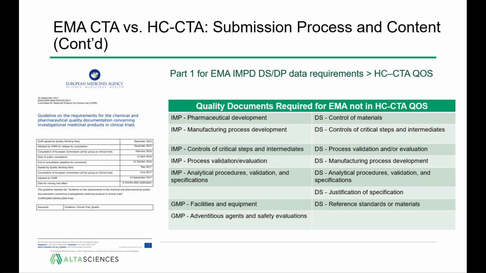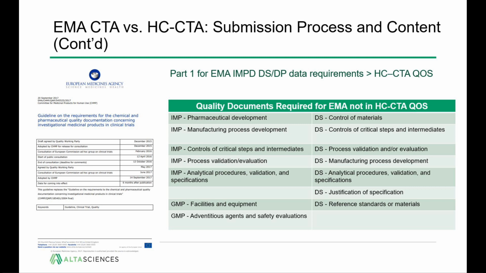Their IMP data is much more elaborate as far as the quality data and documents required, which includes batch release, batches used to date, drug substance manufacturing, process development, all of which in a first-in-human trial in Health Canada would not be required. I've included the guidance document, an excellent document, very detailed and valuable when you're preparing a submission.